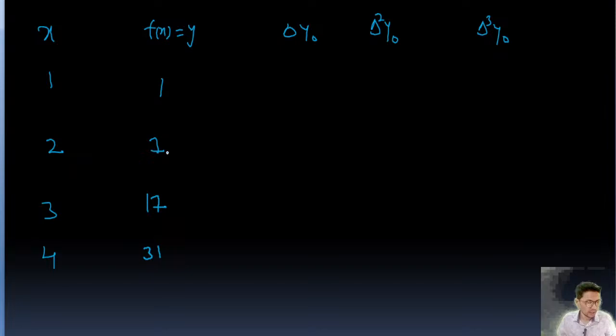So this is x naught, x1, x2 and x3. Similarly, this is y naught, y1, y2 and y3.